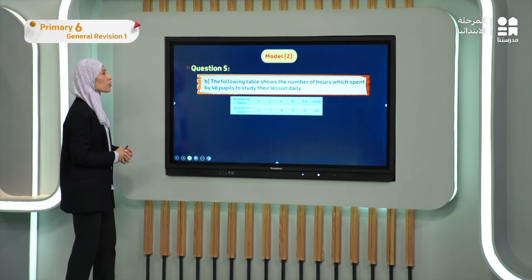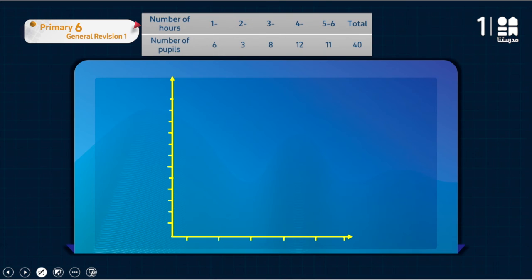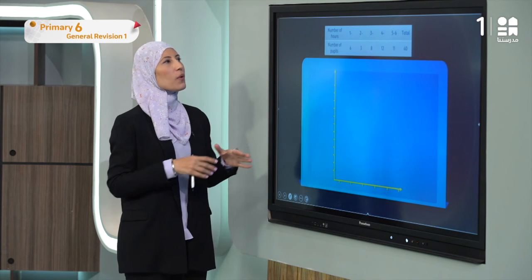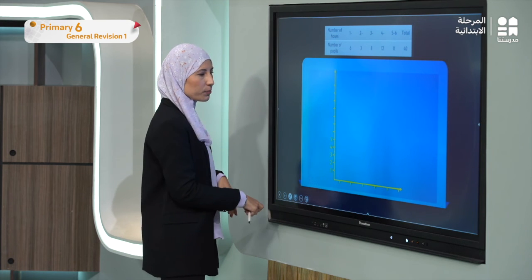It says the following table shows the number of hours spent by 46 people to study their lessons daily. He gave me the table and wants me to represent it by drawing a frequency curve. First, I have my table. I will write my numbers.